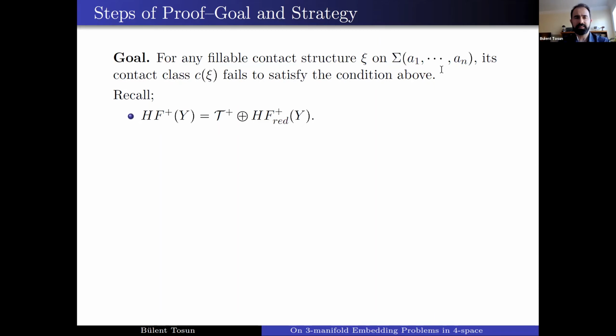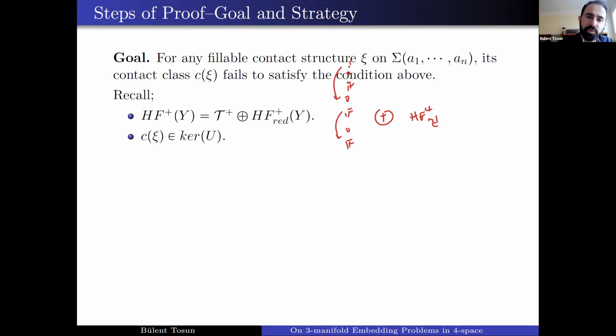Let me remind you that HF plus of Y has this tower part, which is typically Z2, and then here you have the finite dimensional piece, which is HF reduced. The tower is equipped with an endomorphism, the so-called U. What we know is that the contact class always lies in the kernel of U. Sorry, I will move to the next slide and we will lose what I try to write here.